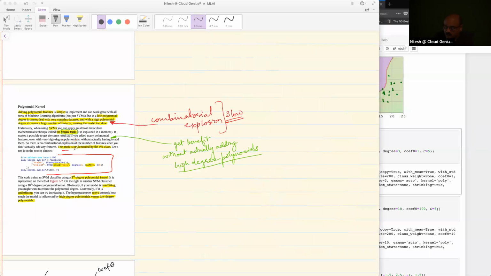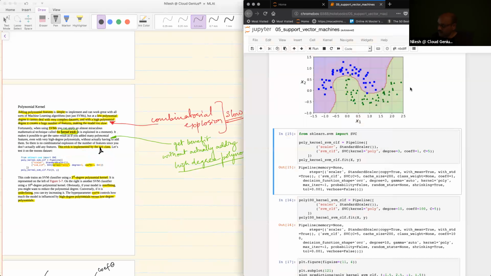The trick is already implemented by the SVC class, the support vector classification technique. So that is already there. Now, having understood that piece, I will clear the ink and close this and go to the notebook where I will actually run the kernel trick which we are discussing right now.